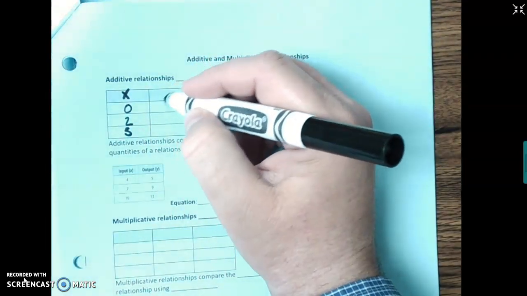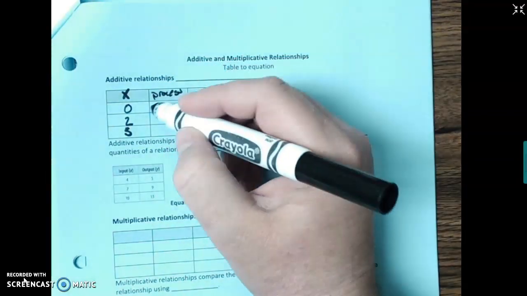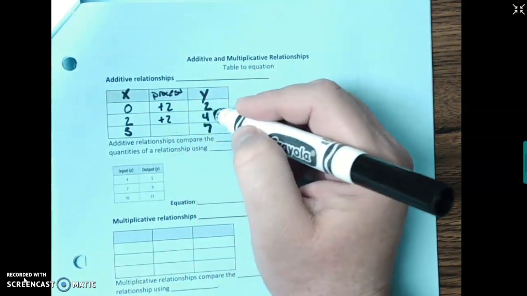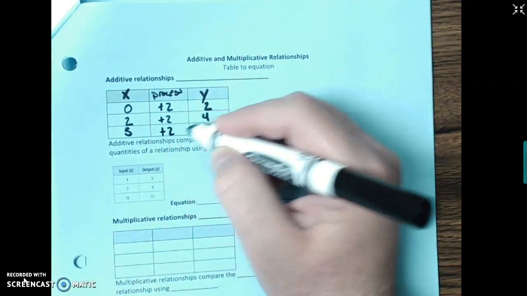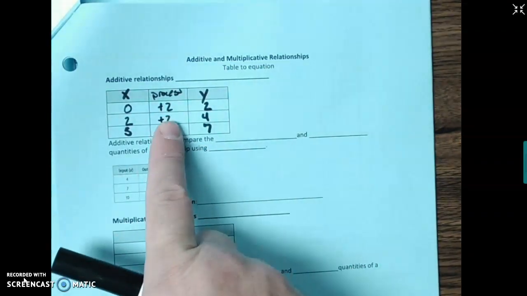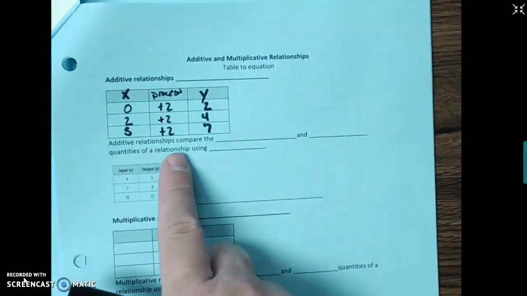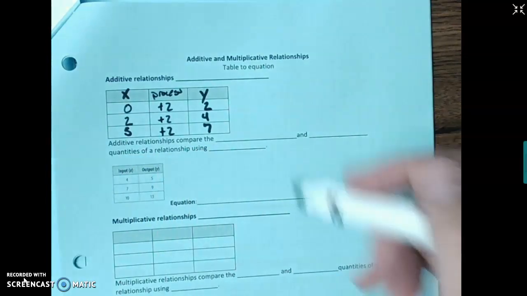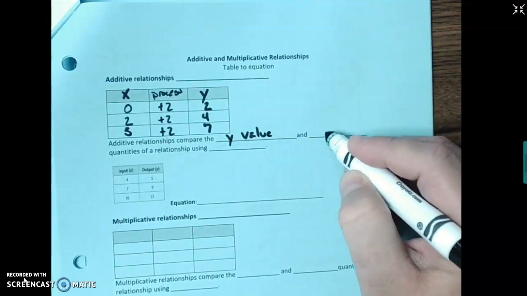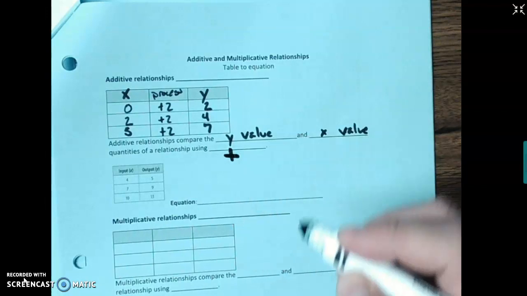This process here is always going to be the same. 0 plus 2 gives me 2. 2 plus 2 gives me 4. 5 plus 2 gives me 7. And we're going to do a lot of labeling and a lot of identifying our process. So, additive relationships compare the y value and x value using addition.